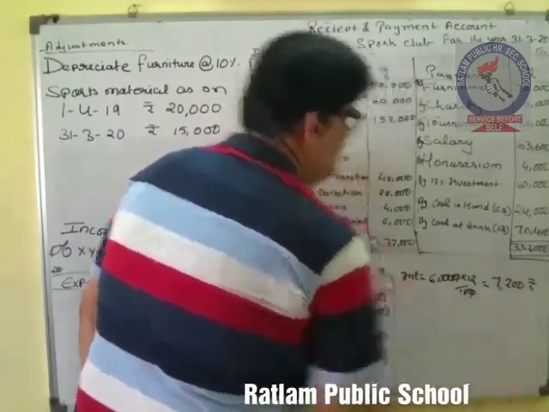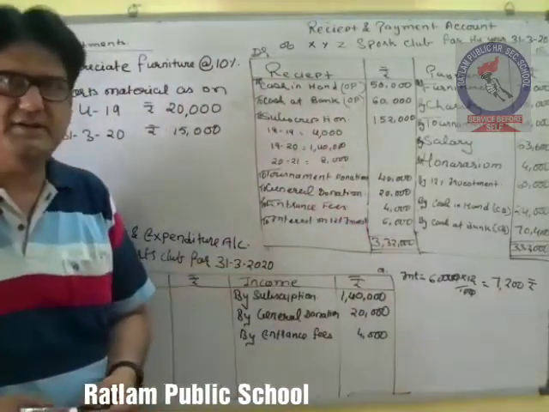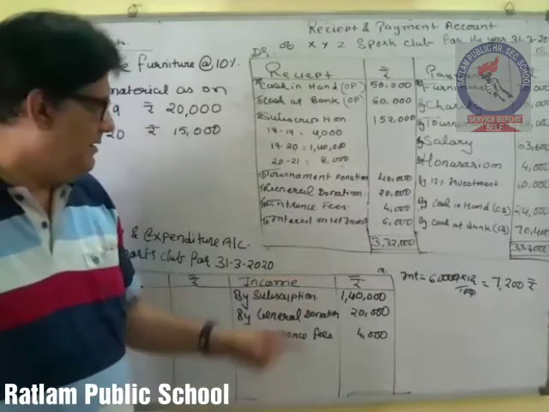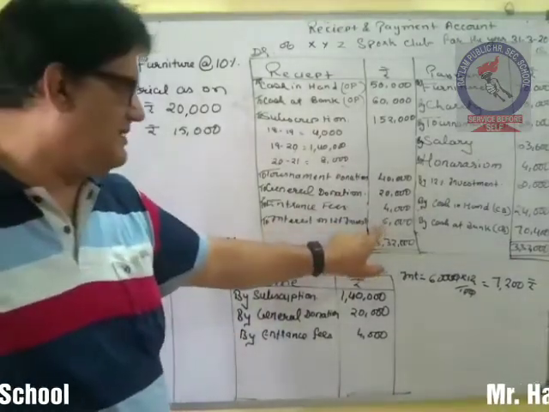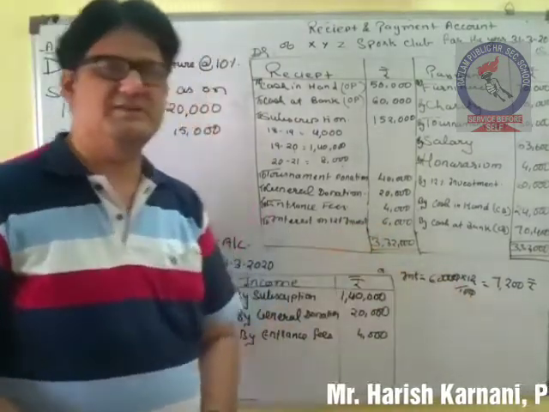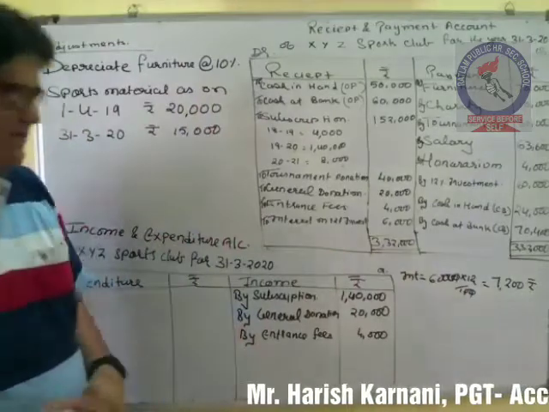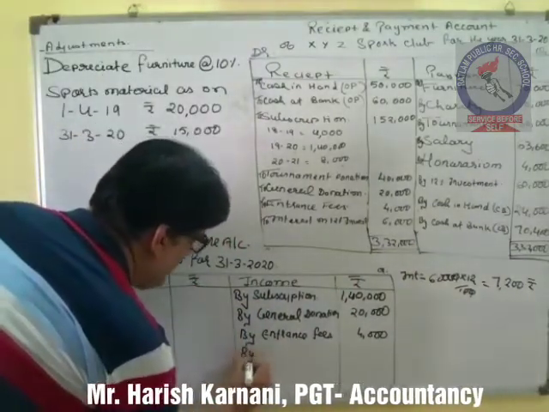7,200 rupees. So we are supposed to receive 7,200 rupees as interest on investment, and we have already received 6,000 rupees. So the difference amount of 1,200 rupees is an accrued interest which we have to adjust while preparing the income and expenditure account.